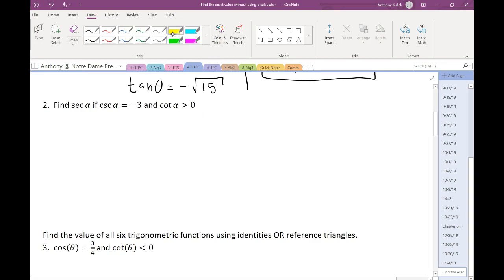So just like the previous problem, I want to start by finding an identity that involves just cosecant and cotangent. So look through your identities and see if you find one that involves just cosecant and cotangent.